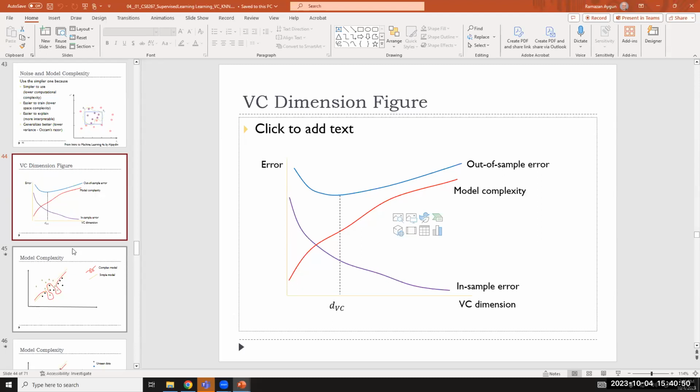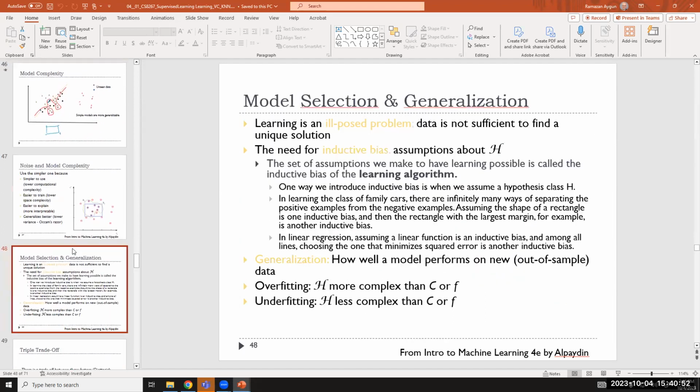This is applicable to other areas. There are several concepts, and one of them is called overfitting. Overfitting means your model fits very well to the training set, but it doesn't fit well to the validation set or test set.